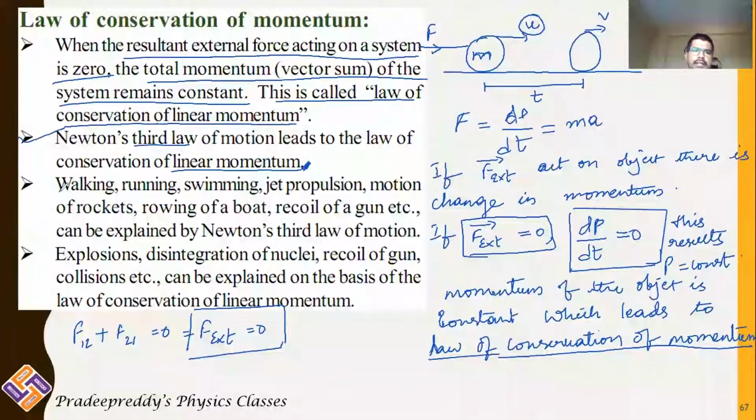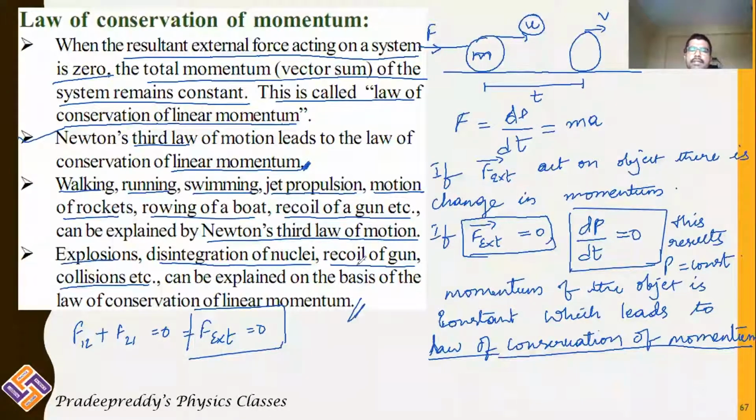Walking, running, swimming, jet propulsion, motion of rockets, rowing of a boat, recoiling of a gun, etc. can be explained by Newton's third law of motion. Explosion, disintegration of nuclei, recoil of a gun, collisions, etc. can be explained on the basis of the law of conservation of linear momentum.